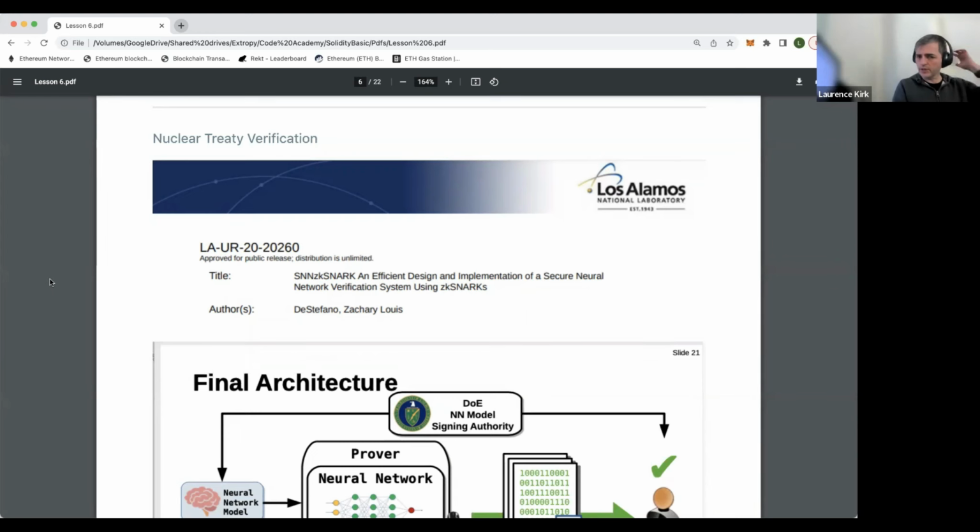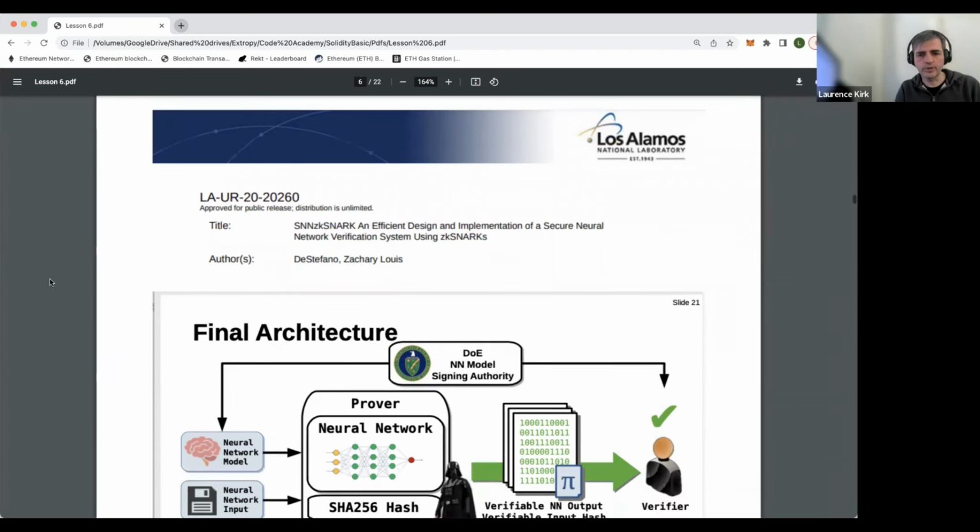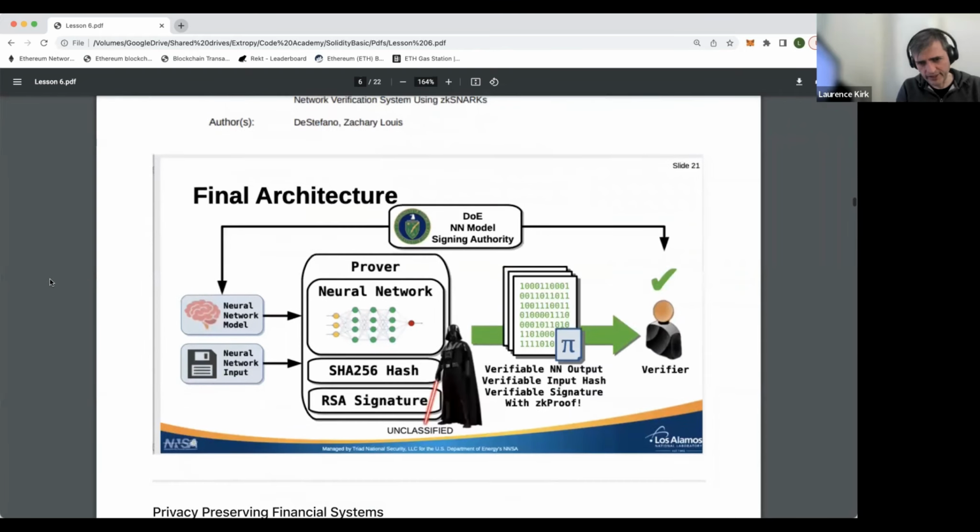And they are using zero knowledge proofs and other pieces of cryptography to show that the nuclear weapon treaties are being adhered to. And they do a number of things. And this is one of their slides. Now, I have no idea what Darth Vader is doing in this slide, so I can't tell you what that piece means, but I can explain roughly what the rest of the slide is about.